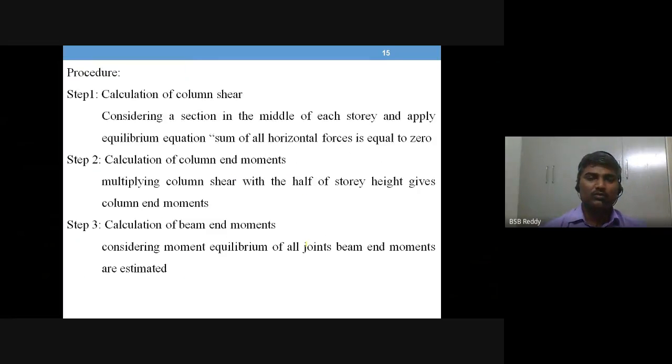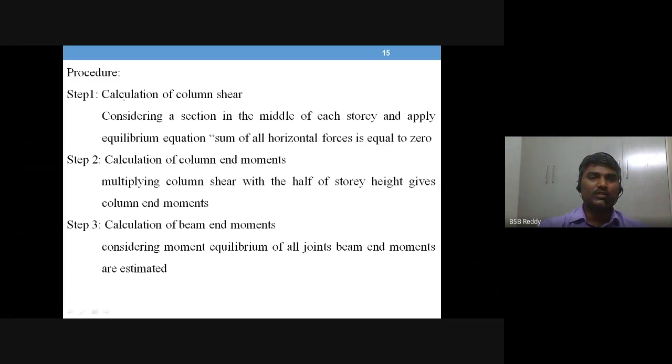Now let us see how you solve a particular portal frame subjected to horizontal, lateral loads by this portal method. Let us see the step by step procedure. In this approximate method, the stepwise calculation is very important, and the flow of calculation is also important.